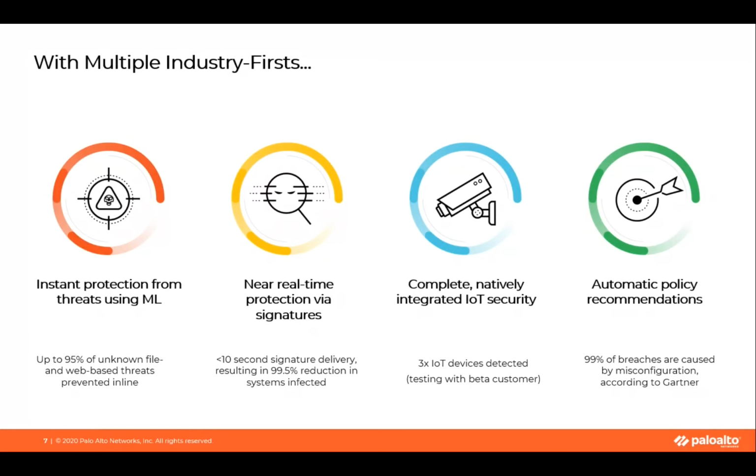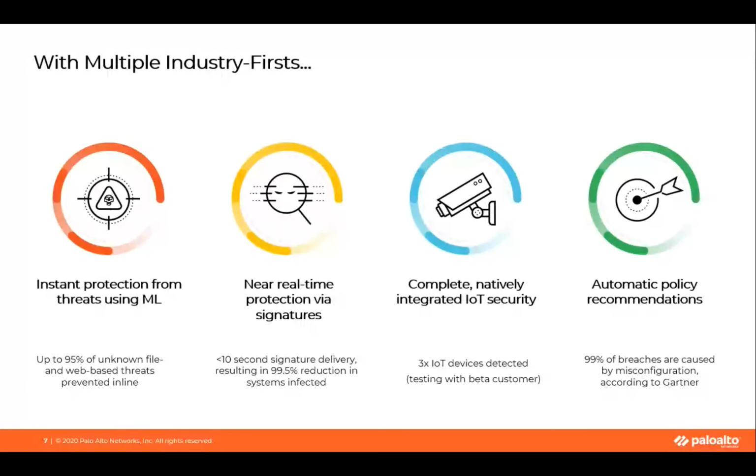The beta version of this was able to do more than 3 times the discovery of what's going on in the network, using new protocols and traffic that has special characteristics of an IoT device, and being able to automatically create signatures or policies to combat the vulnerabilities that were seen before.